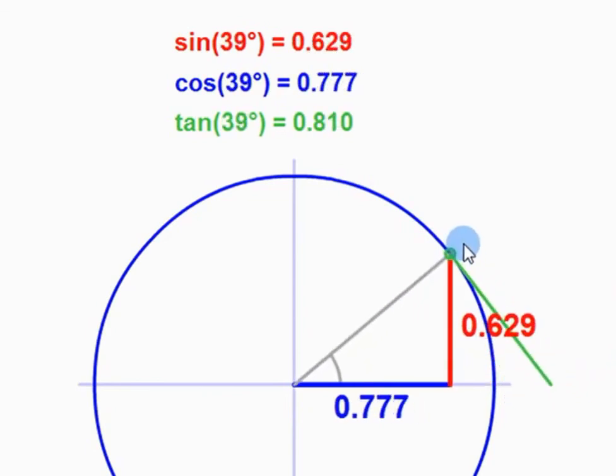The sine of this angle here, whatever the angle is, happens to be 39 there where I stopped it. The sine of 39 degrees is equal to how big the red length is compared to the grey hypotenuse, opposite over hypotenuse. The cos of 39 is how long the blue line is, the adjacent, compared to the hypotenuse.